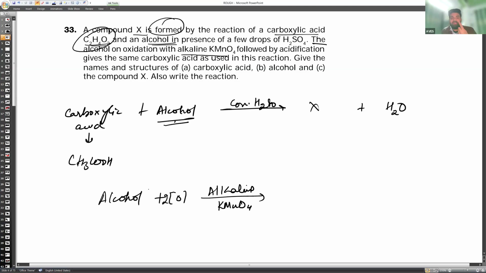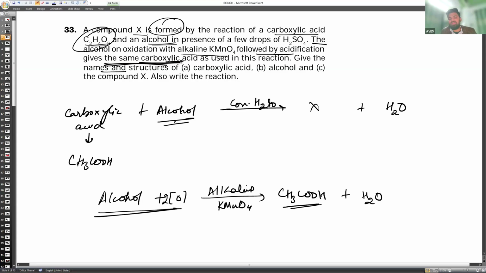So followed by acidification, this alcohol on oxidation gives the same carboxylic acid, meaning the 2-carbon carboxylic acid, CH3COOH, plus water.